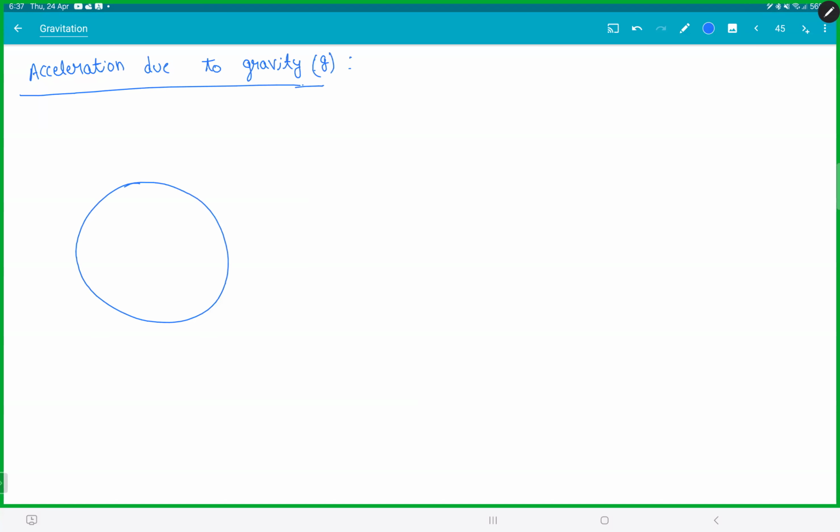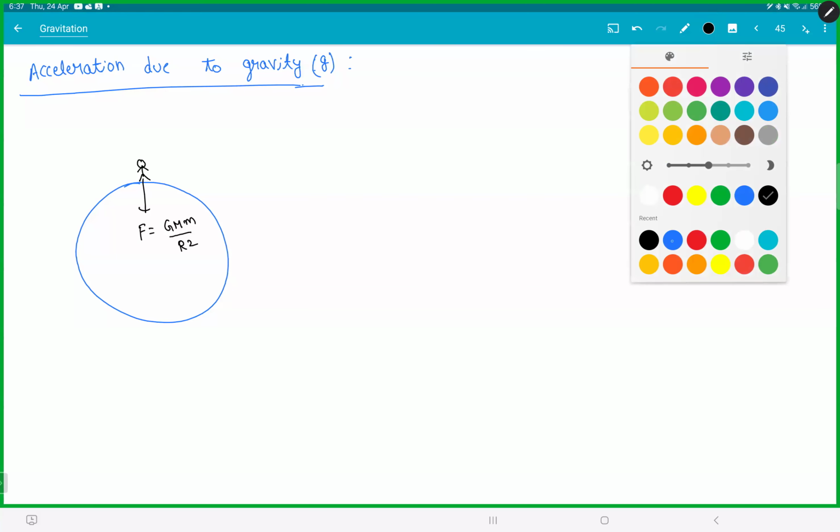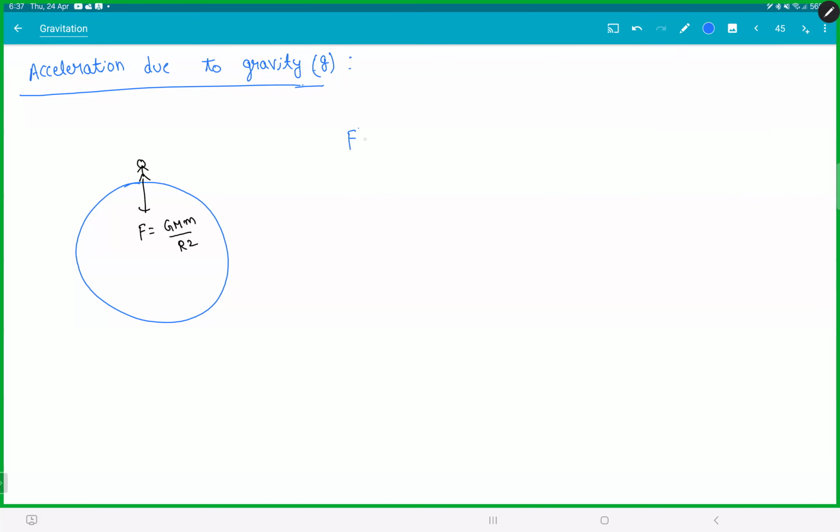So if you have a planet here, when we keep saying the gravity is small g, exactly what are we talking about? So we know the force of attraction on the surface will be G M small m by r square. So the person here, this is what he thinks. This itself is gravity. So the force on the surface is nothing but mass into field. And this is what we write as m into small g.